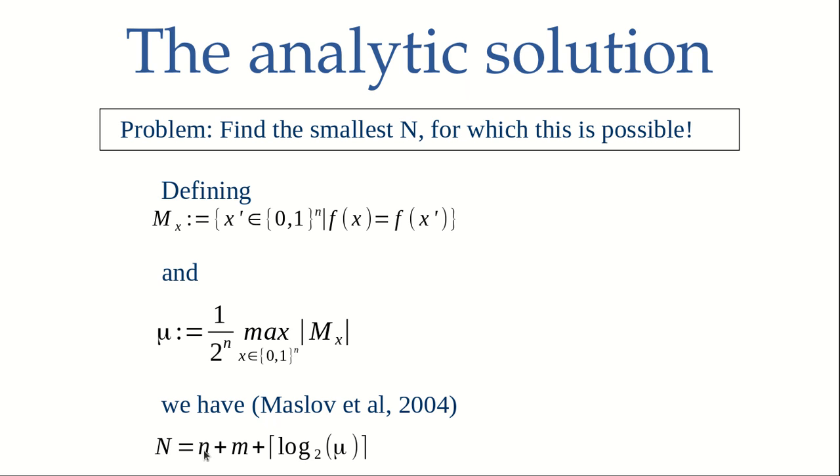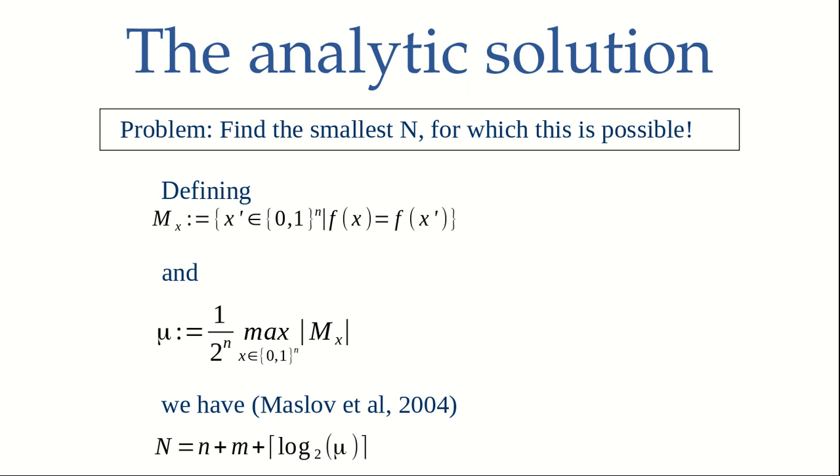So here this n and m are the number of input bits and output bits of the function f that we want to compute. And now capital N is the smallest possible number of bits for which we can find such an invertible embedding function.